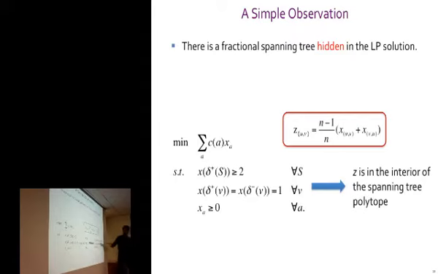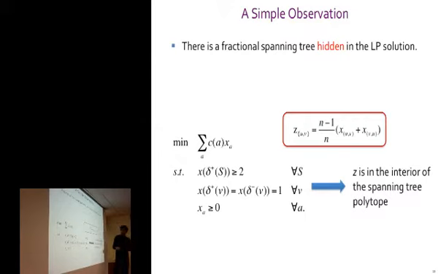So why is that true? First of all, the summation of x values of the edges here is n, because each vertex has out-degree 1. So if you multiply by (n minus 1) over n, you would get fractionally n minus 1 edges. And every tree has n minus 1 edges.